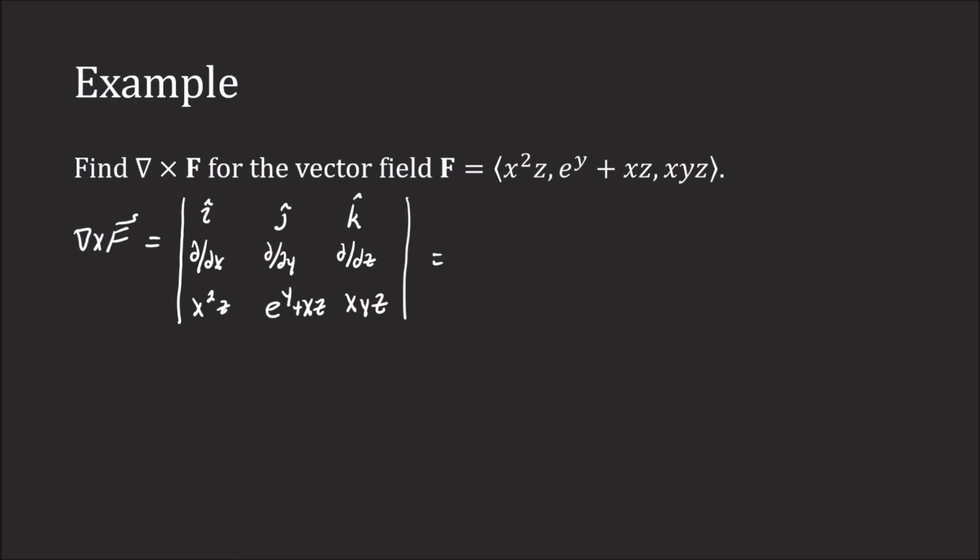And again, we can think of this as standard multiplication. So we'll get partial y of xyz minus partial z of e to the y plus xz.